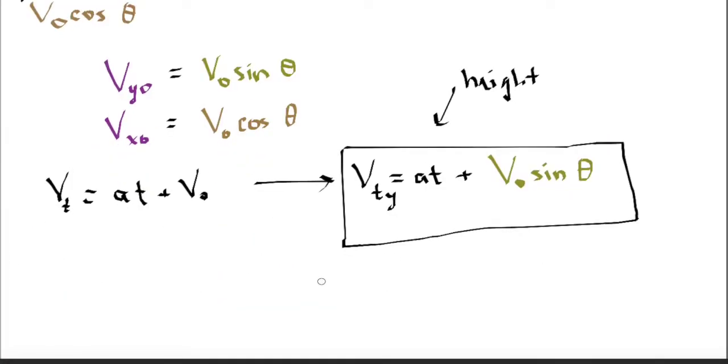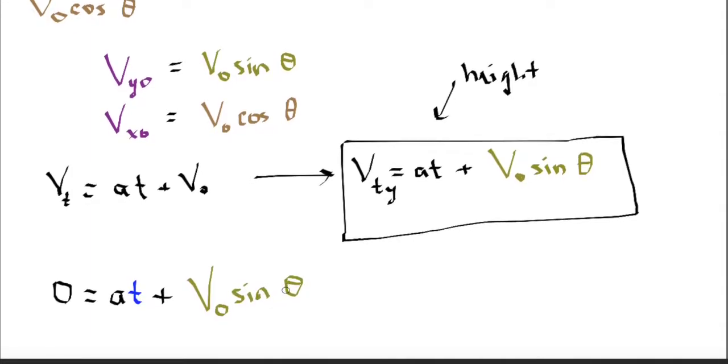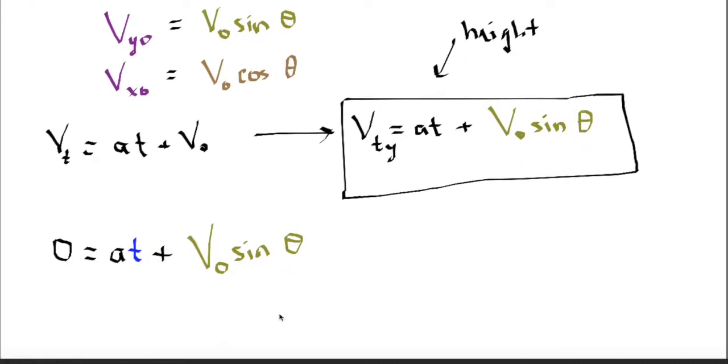Now we can plug this back in. 0 is equal to acceleration times time plus initial velocity times sine theta. Now, if we move the initial velocity times sine theta to the other side and then divide by acceleration, we can see that the time when the max point occurs is at negative v naught sine theta divided by a.